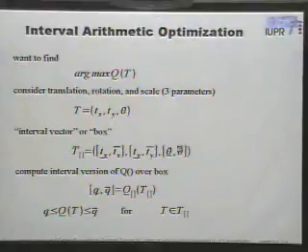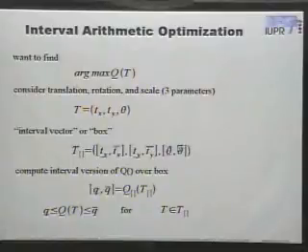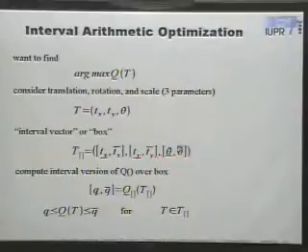We are looking at a transformation that consists of a translation, so an x translation, a y translation, and a rotation. If we look at the interval version of that, we get an interval vector or a box. So we get the product of a range of x translations, a range of y translations, and a range of rotations.